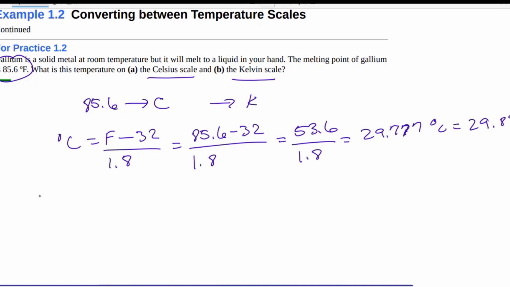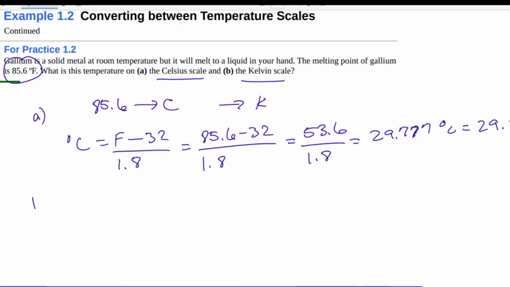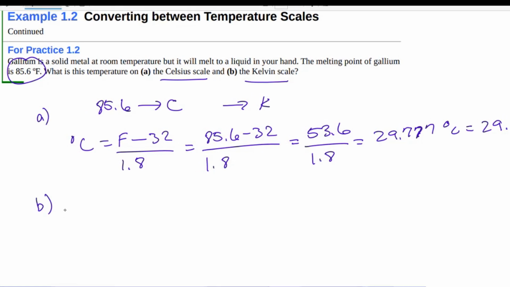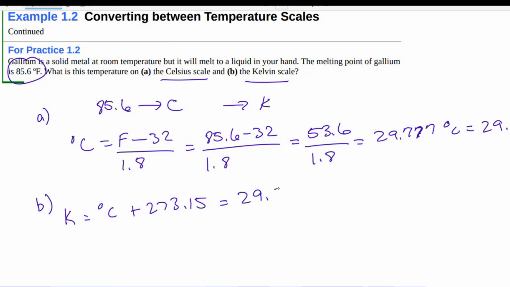All right, so that was part A. So part B says Kelvin is equal to degrees C plus 273.15. So that's equal to 29.777. I'm going to carry all my numbers here. Plus 273.15.